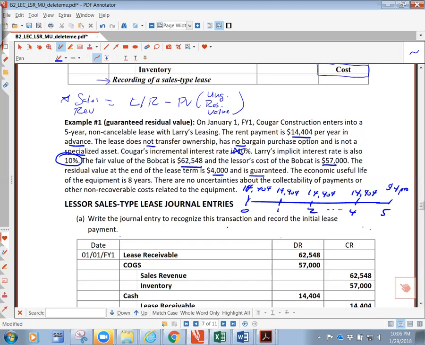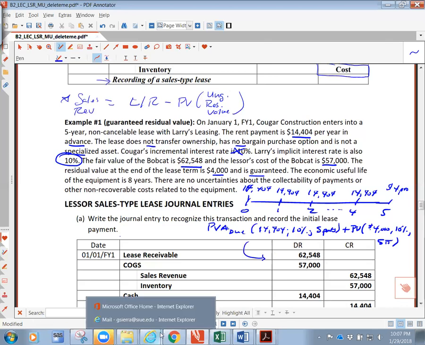And when you do that, the present value of the annuity due, 14,404, 10%, 5 payments, plus the present value of the residual value, 4,000, 10%, 5 periods. All that combined is going to be 62,548. If you don't believe me, try the problem yourself. And if you still don't believe me or you can't get it, look at the beginning of the lecture note.